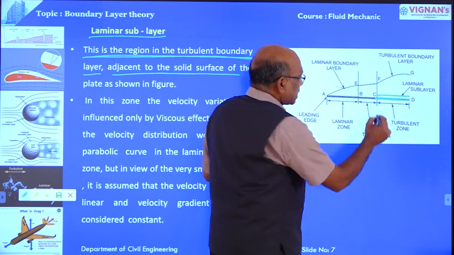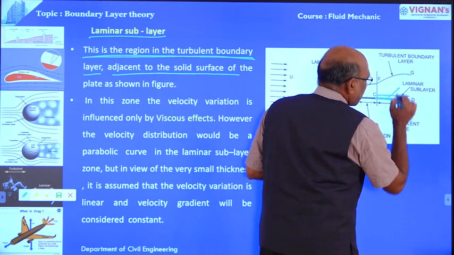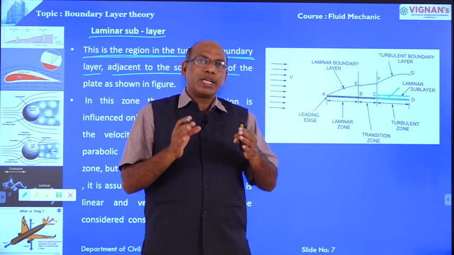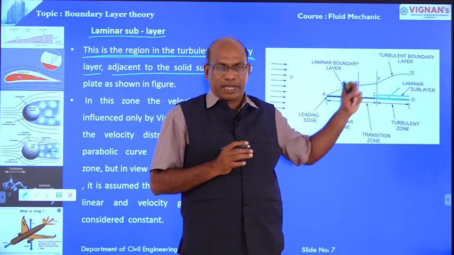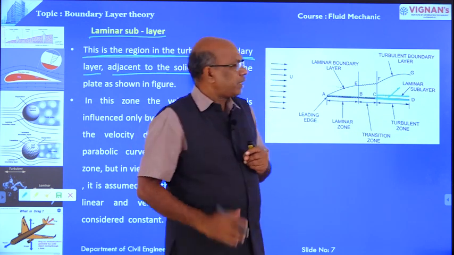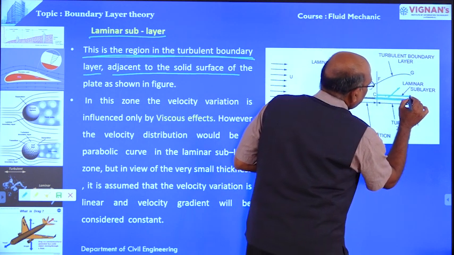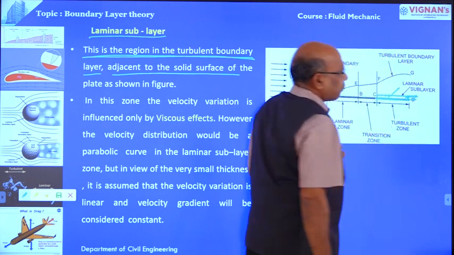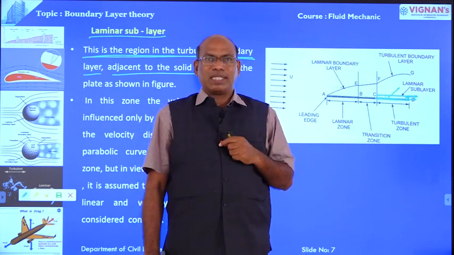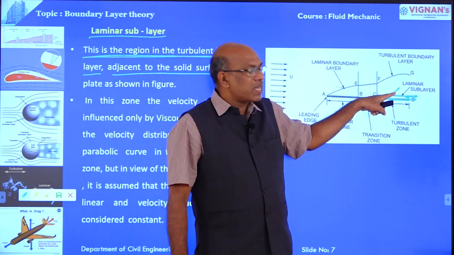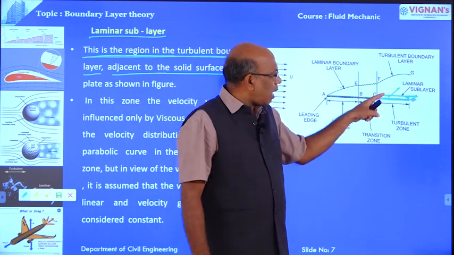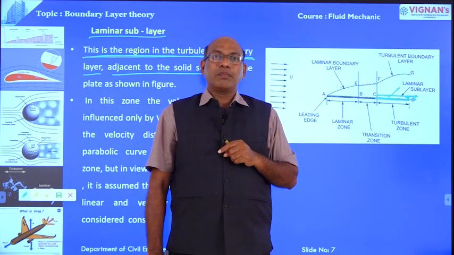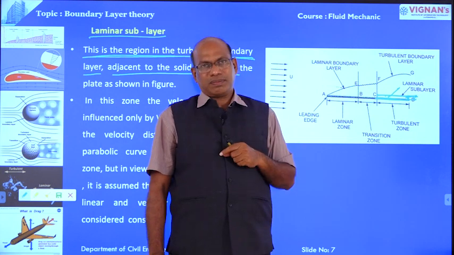The velocity distribution in this laminar sublayer is parabolic, and the thickness of the laminar sublayer is very small. It is assumed that the velocity variation in the laminar sublayer is linear, and du by dy, the velocity gradient, is constant.